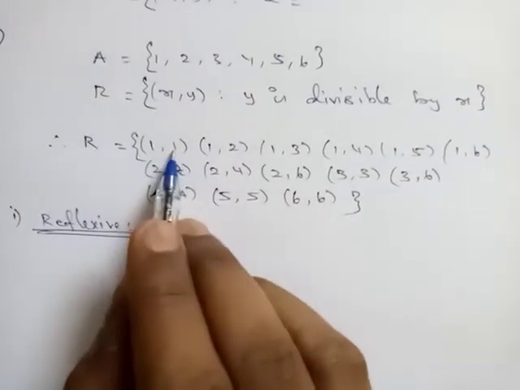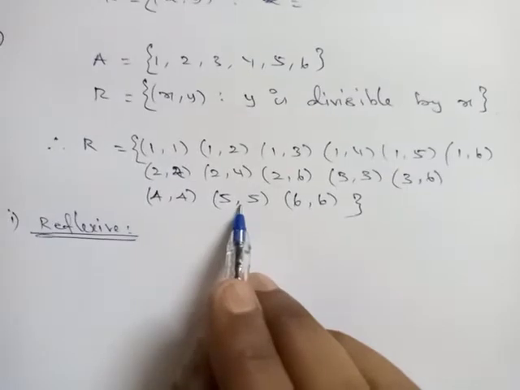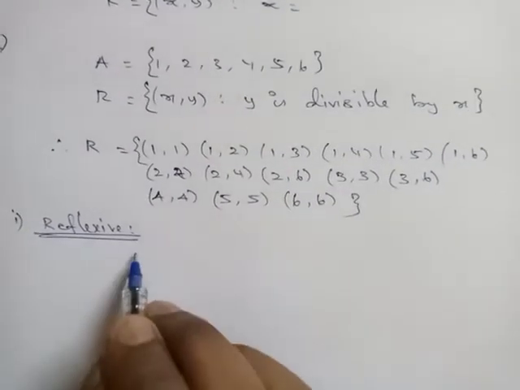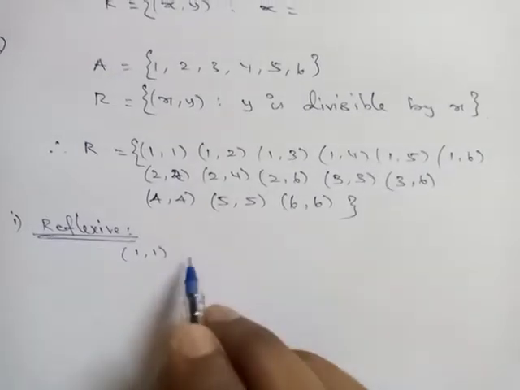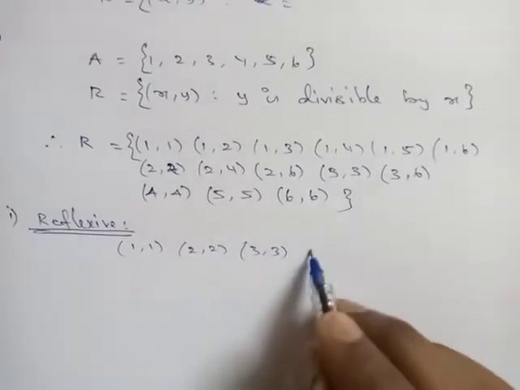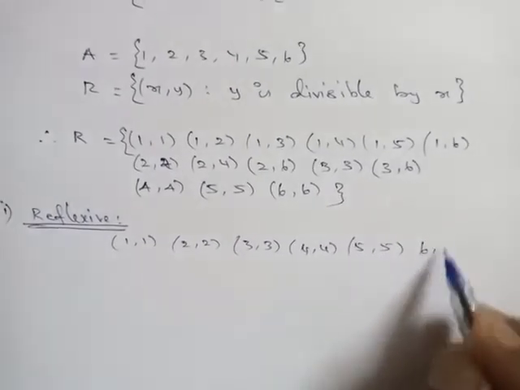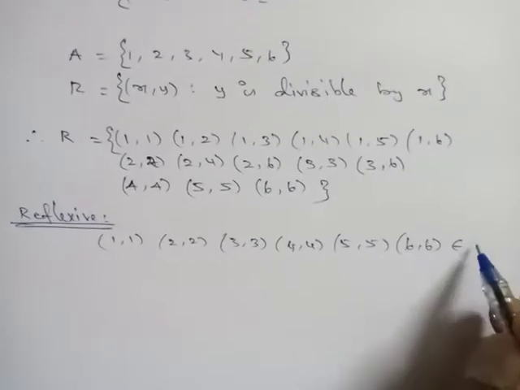See here (1, 1) is there, (2, 2) is there, (3, 3) is there, (4, 4) is there, (5, 5) is there, (6, 6) is there. Actually we have to write (1, 1), (2, 2), (3, 3), (4, 4), (5, 5), (6, 6) belongs to R.